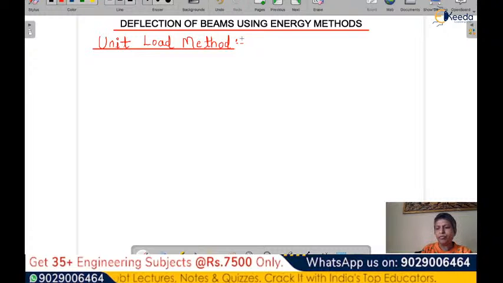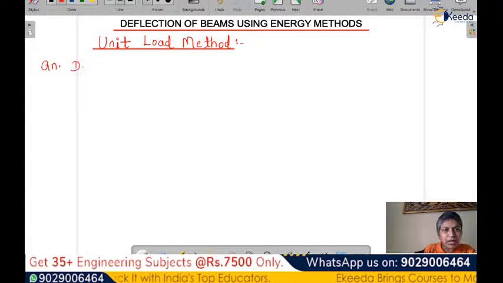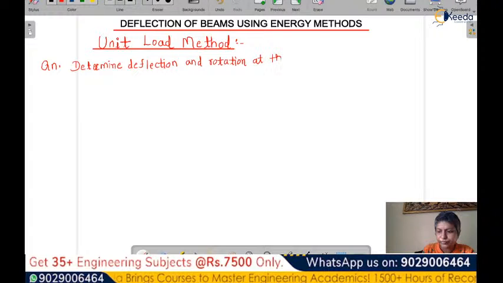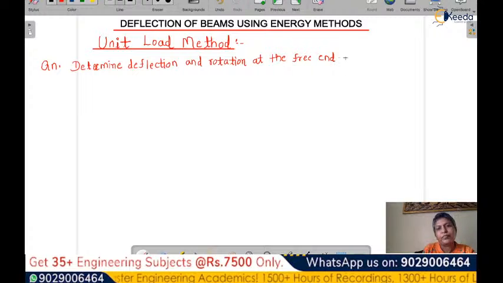So here our question says we have to determine the deflection and rotation at the free end for the cantilever beam.